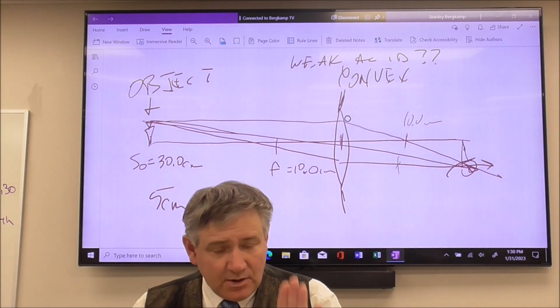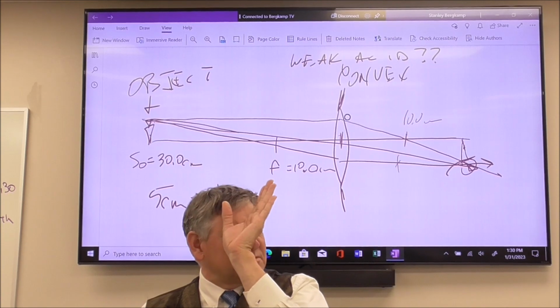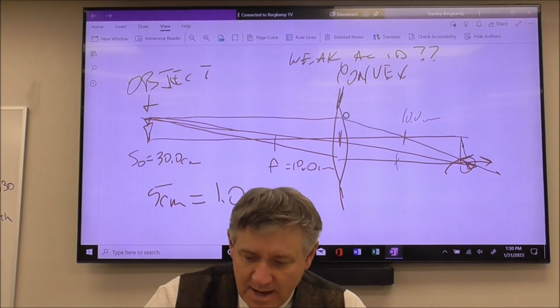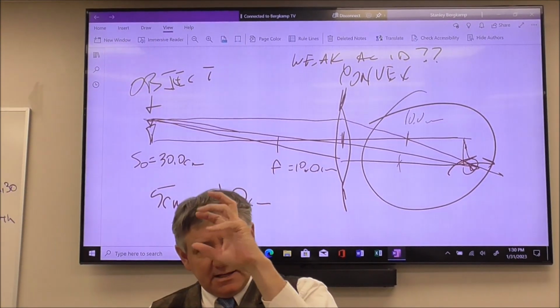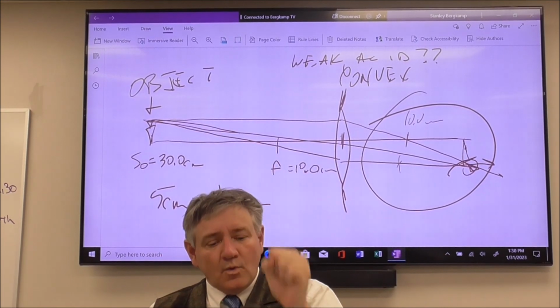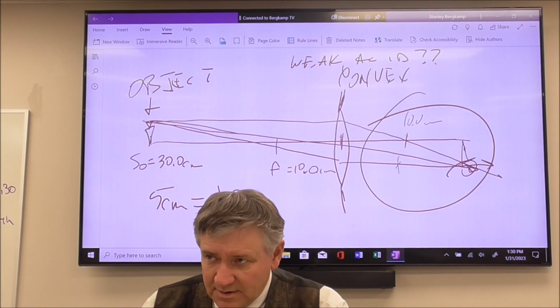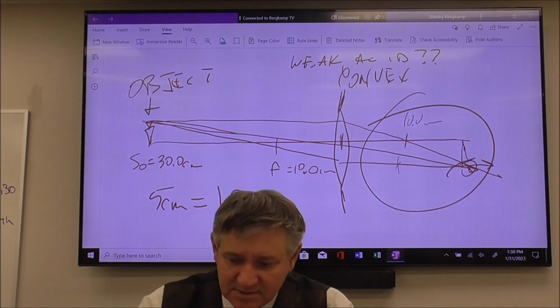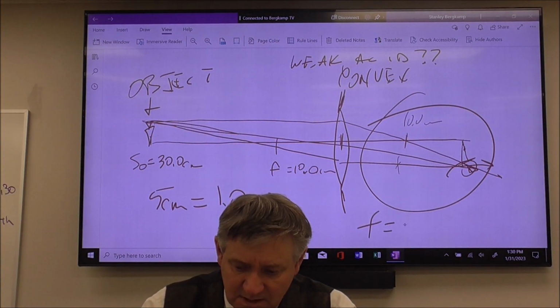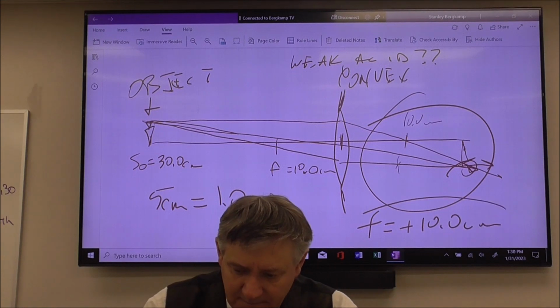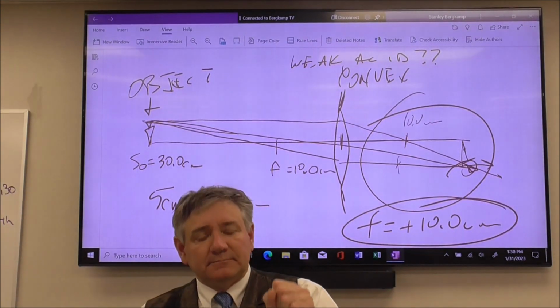You don't have to think, oh, separate rules for mirrors, separate rules for lenses. No. As soon as you see that light being brought together, what's the sign of your focal length? Positive. So my focal length is going to be some positive value, which in this case is going to be 10 centimeters.